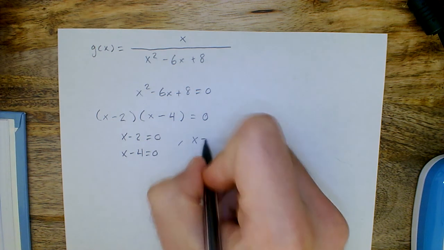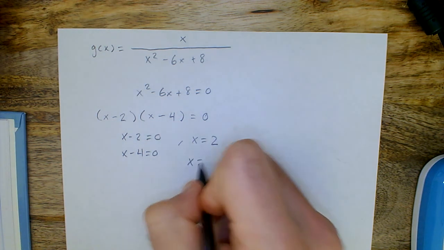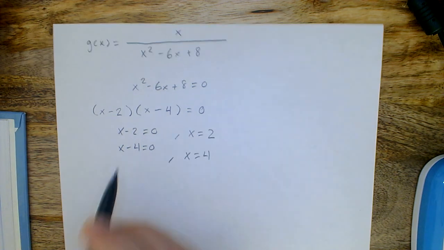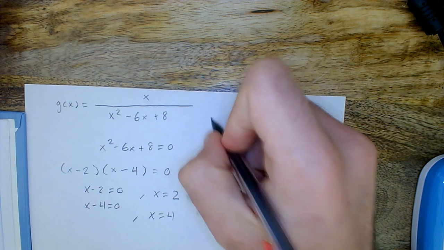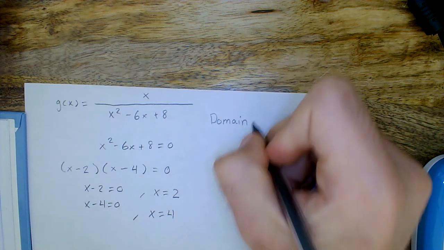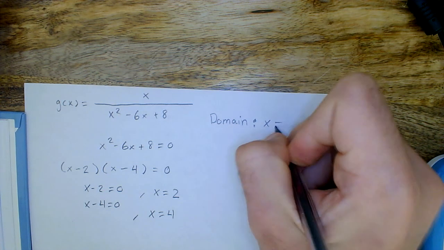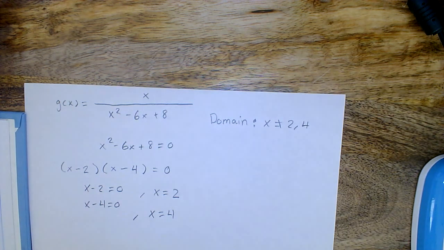So this one is x is equal to 2, and this one is x is equal to 4, right? Add 2, add 4. Okay, so these are the domain. These are the values that x cannot be, so the domain is x not equal to 2 or 4.